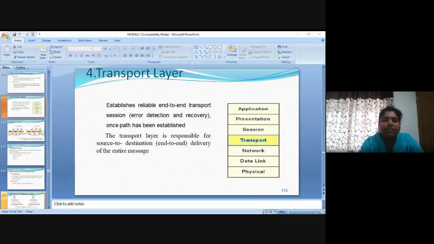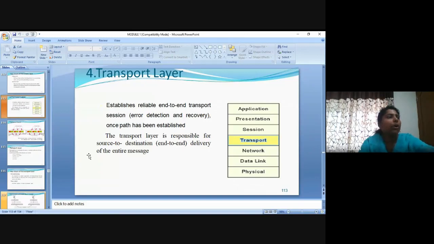And last class we have discussed how the interaction takes place in an OSI model. What happens when a message is transferred from the source node to the destination node. And you have also learned the different functions of the topmost 3 layers, the user support layers: application, presentation, and session layer.